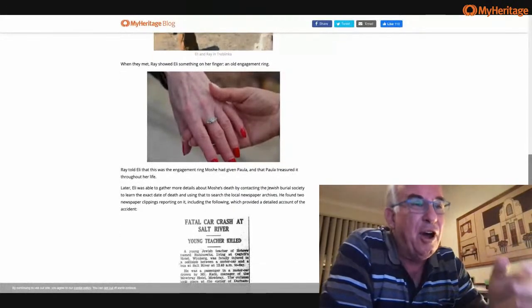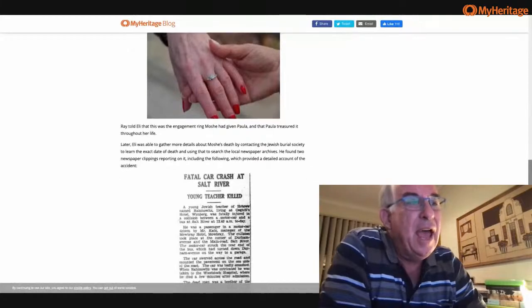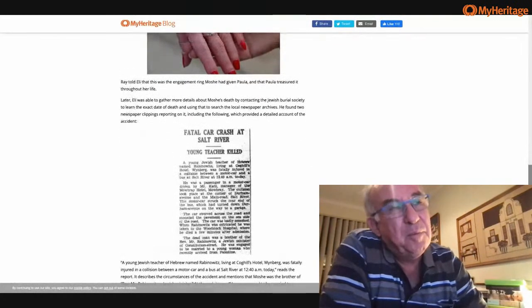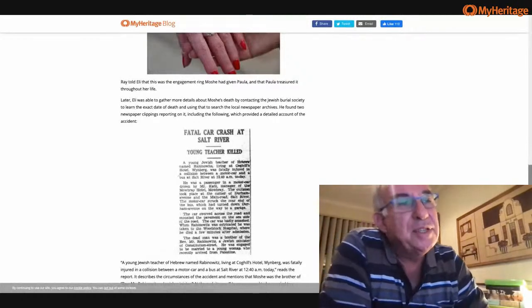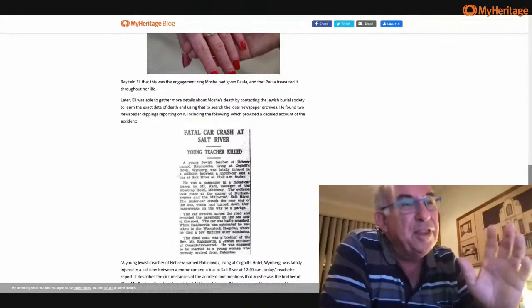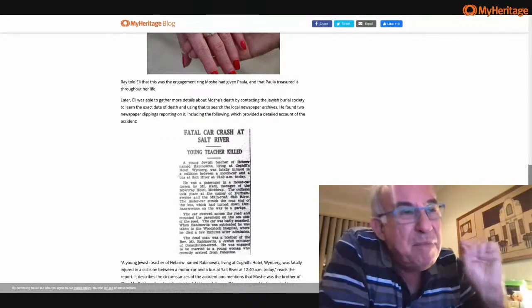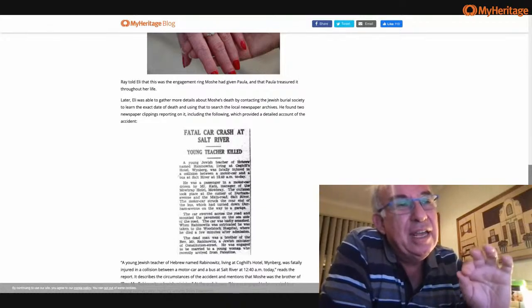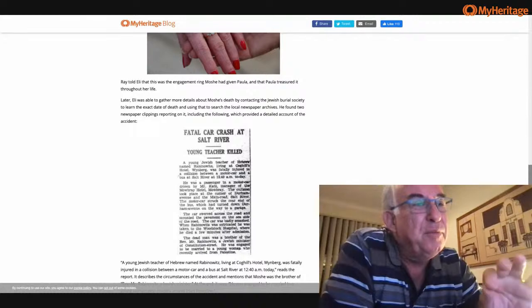I contacted the archives in Cape Town, and what I found was an article, this one. Salt River is a suburb of Cape Town, and it describes the accident, and it says a young Jewish teacher of Hebrew. Well, I'm not going to read the whole thing, but basically it mentions a few things. One of the things it mentions, he was a passenger in a motor car driven by Mr. Katz.